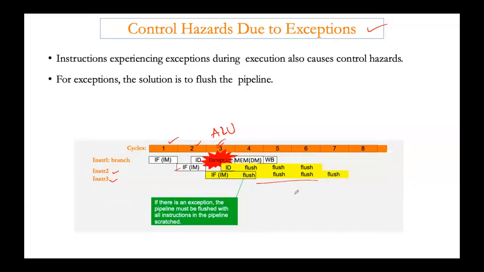If there is an exception, the pipeline must be flushed of all instructions in it, because if this is not solved, whatever data it provides to the subsequent instructions will hold. So instructions experiencing exceptions during execution also cause control hazards, and for exceptions, the solution is to just flush the pipeline.